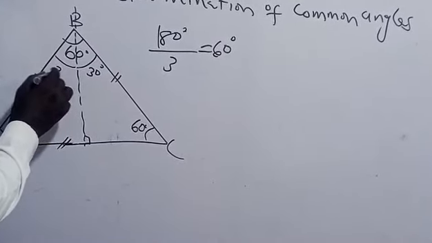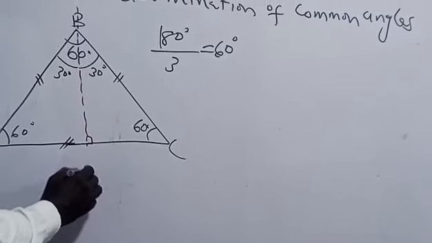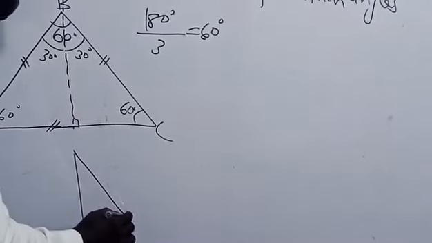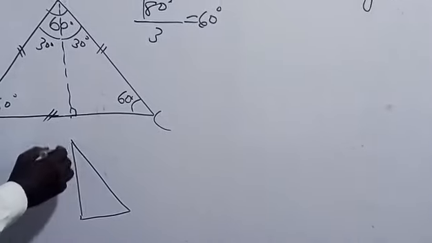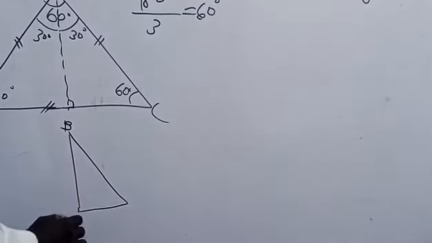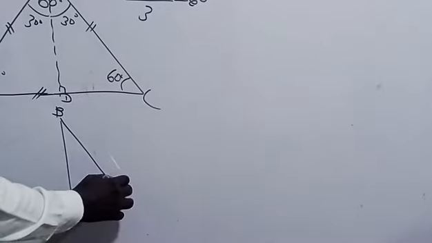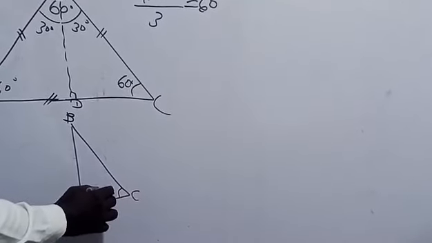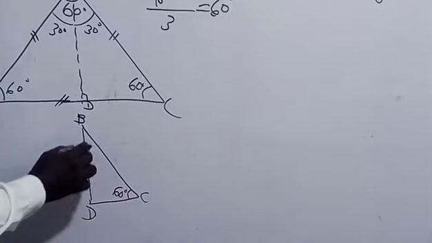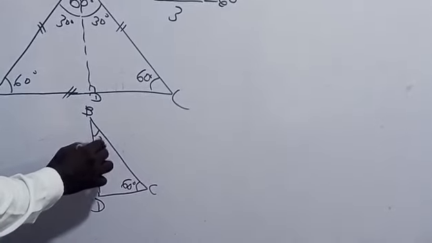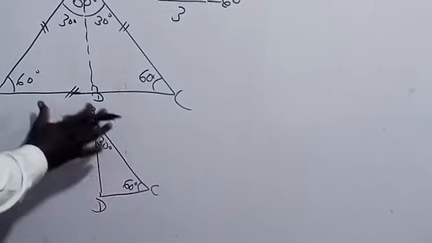This place is also 30 degrees. So let me bring out this right angle triangle this way. This place is B, this place is D, this place is C. This place is 60 degrees, and this place is 30 degrees, being half of triangle ABC.